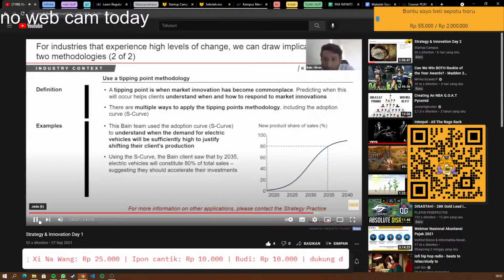In the startup world, this concept of tipping point has become even more critical, right? We looked at industries across multiple countries, across multiple segments, across multiple products. And what we realize is that in the new digital world, the concept of tipping point is even more critical than it was in the past, right?